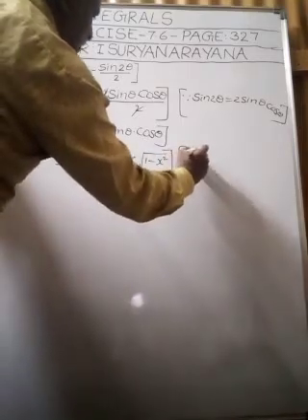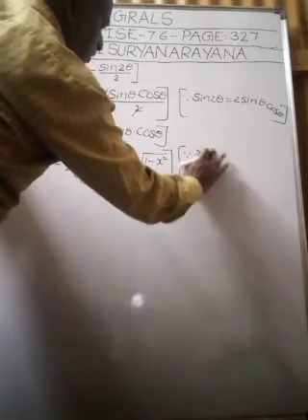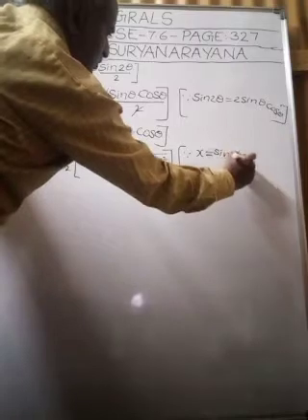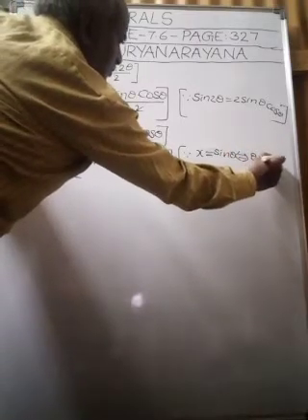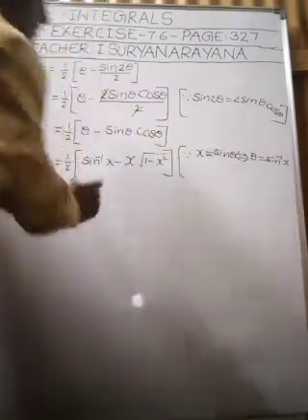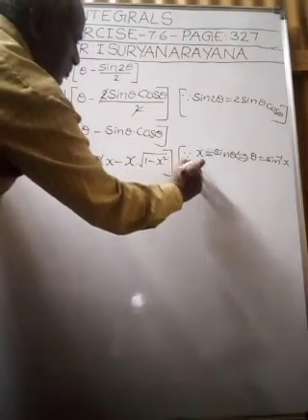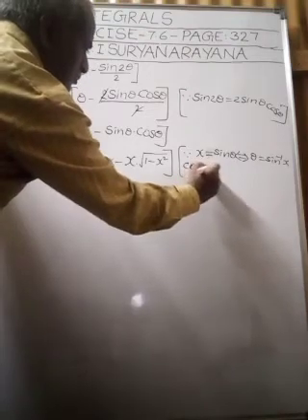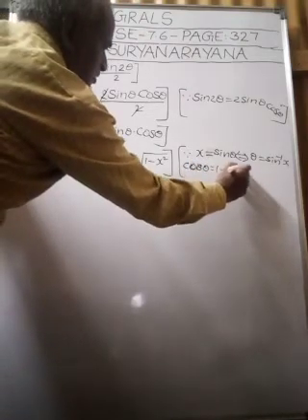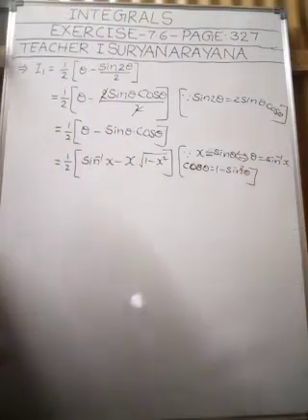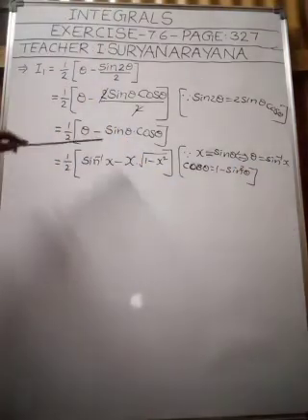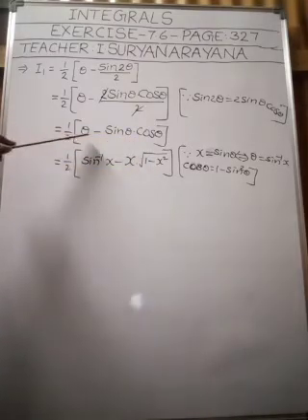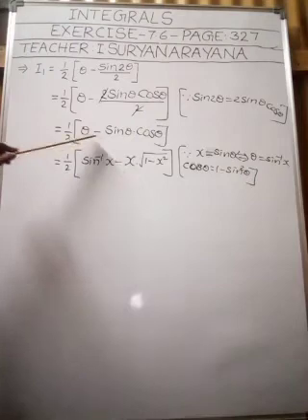because x is equal to sin theta, this implies theta is equal to sin inverse x, and cos theta is equal to root of 1 minus sin square theta. So by using these results, we wrote this function in terms of x. Theta is equal to sin inverse x.